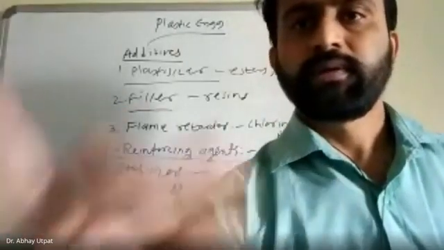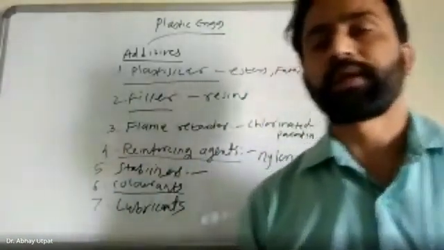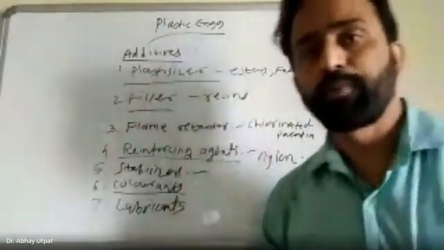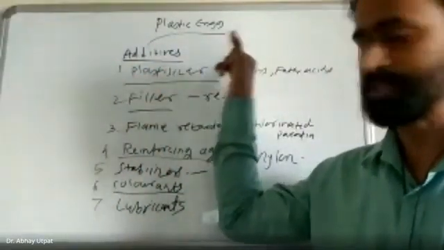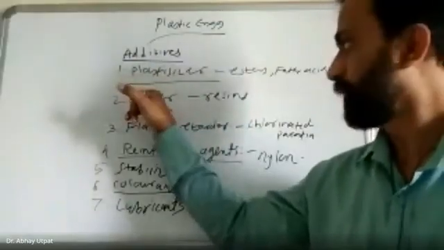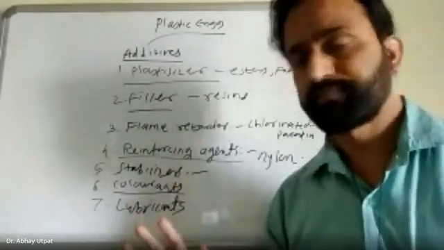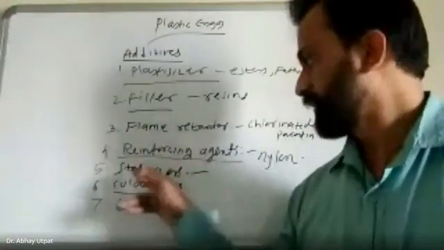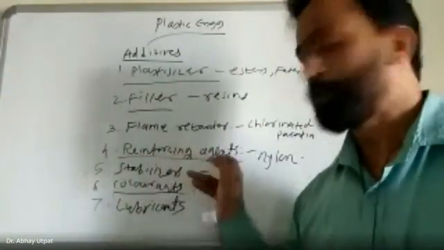All these are called additives in the plastic. I will repeat. Additives used in plastic are for improvement of the properties. First is plasticizer, for increasing flow characteristics. Second is filler, for saving the cost. Then flame retarders, which avoid catching fire, and reinforcing agents, which increase the strength.